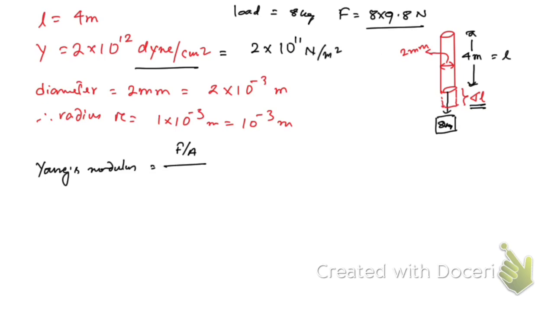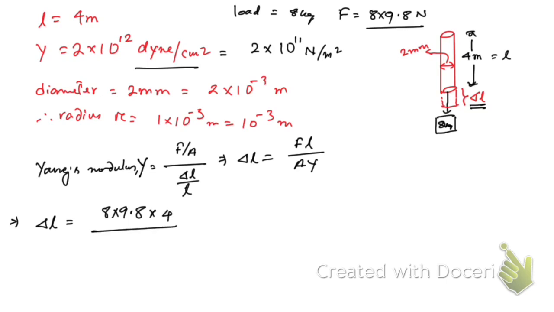Divided by strain, that will be change in length by original length. Let Young's modulus be Y. So delta L is equal to F L by A into Y. If we put the values, F is 8 into 9.8, L is 4, divided by A, which is 3.14, that is pi, R square, R is 10 to the power minus 3 so R square is 10 to the power minus 6, into Y. Y is 2 into 10 to the power 11.